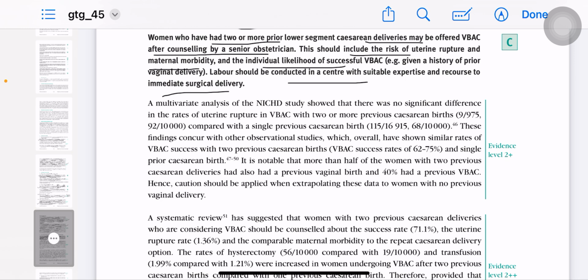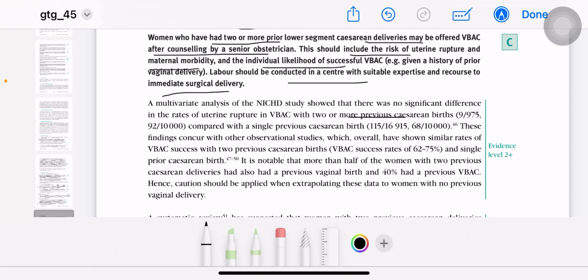So with VBAC after 2 or more previous cesarean deliveries compared with a single previous cesarean section, these findings concur with other observational studies. Overall, there is a similar rate of VBAC success with previous 2 cesarean sections, that is 62 to 75%, and a single one.